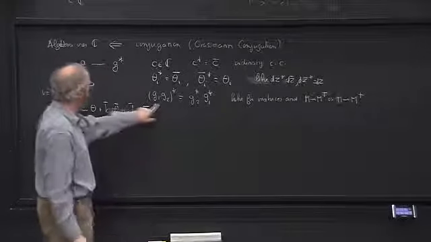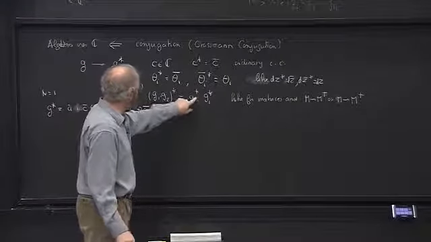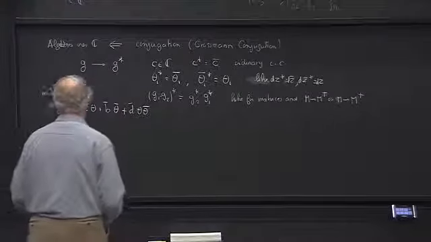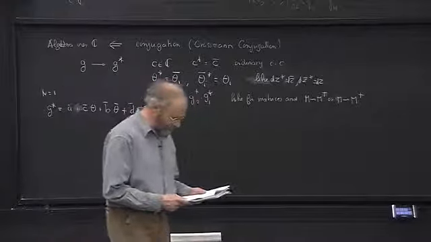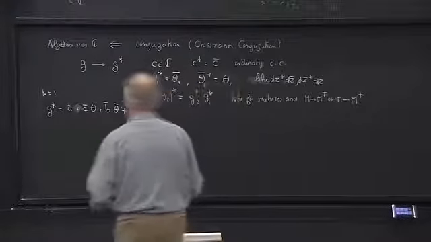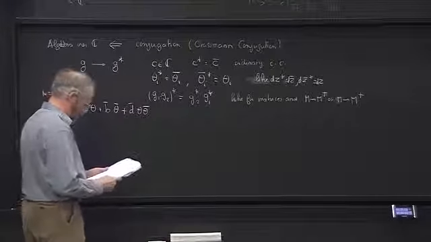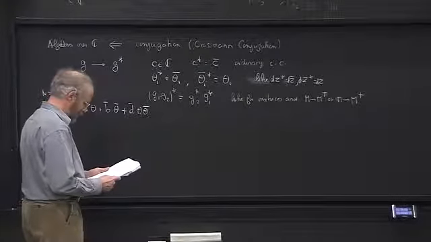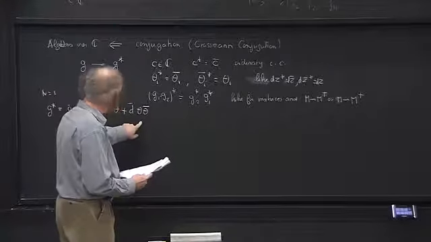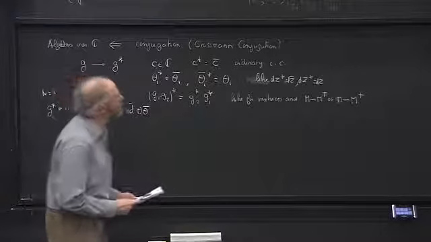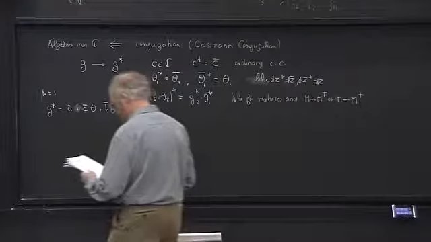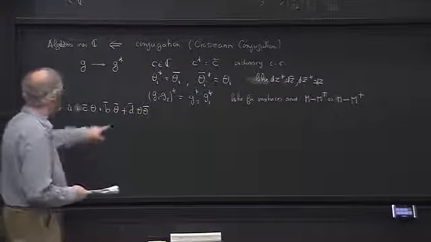Because the conjugate of theta theta bar is theta bar star theta star, which is theta times theta bar. Okay. Good. But that's a peculiarity of what's going on for n equal 1. For n equal 2, then you have signs. So in general, you have signs.